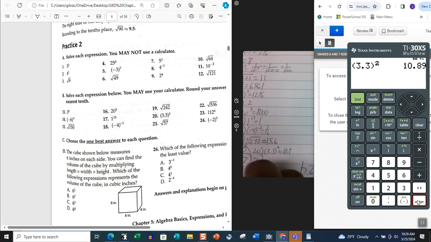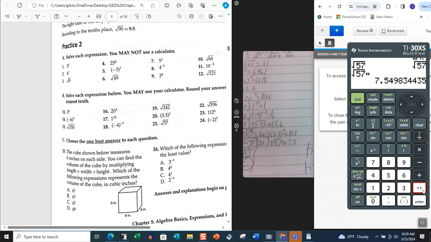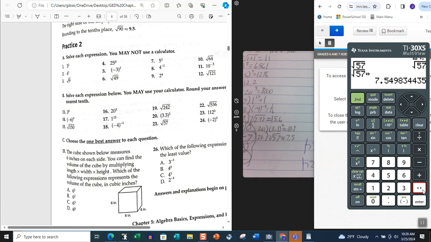So 21, we add the square root of 57. We clear this out. We'll press second, x squared, 57, press enter. Then we'll hit the toggle button. Round it to 1 decimal place, approximately 7.5. Okay, problem 22.